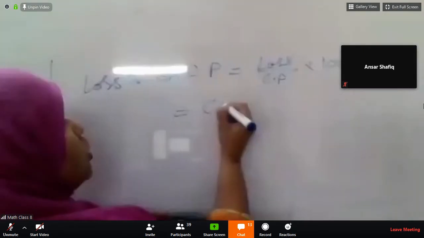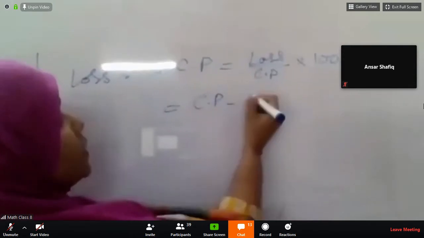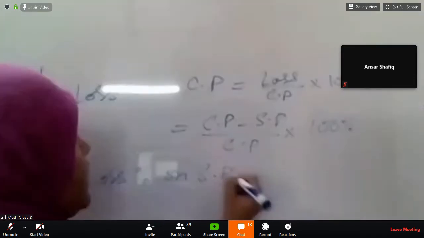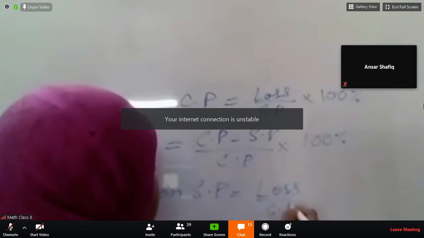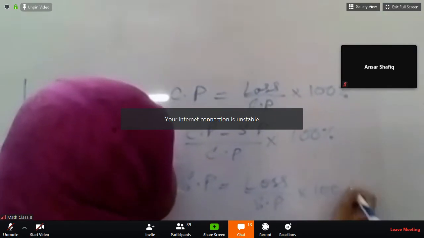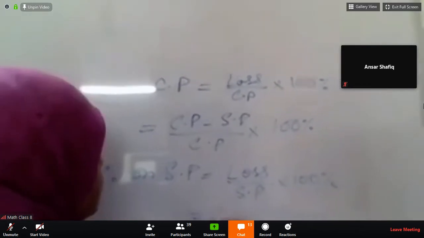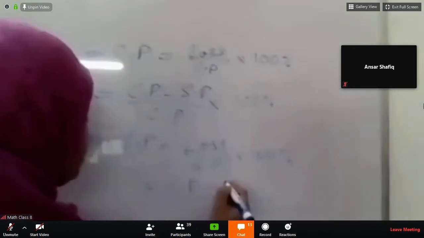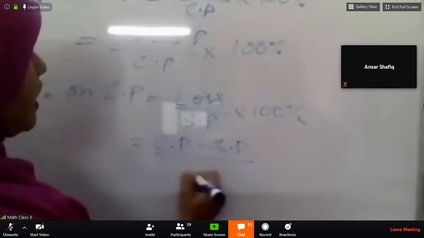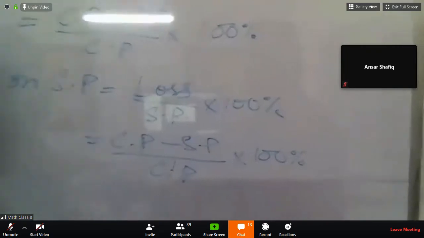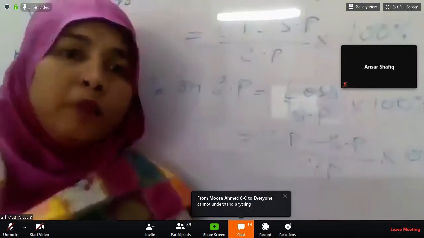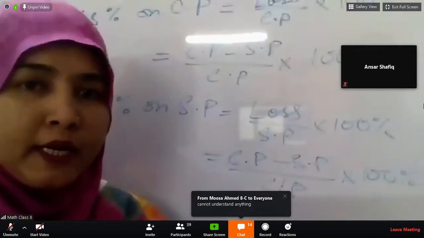So selling price is going to be subtracted. And if the loss percent is on selling price, it is loss upon selling price multiplied by 100%. Again, the loss formula: cost price minus selling price upon cost price multiplied by 100%. Using these formulas, you people are able to solve the questions related to that.